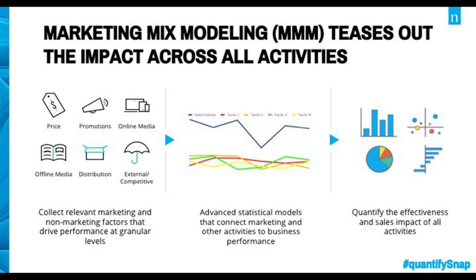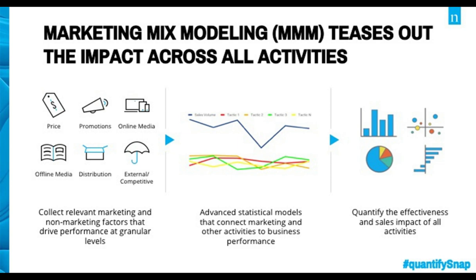That's where marketing mix modeling comes in. This is a methodology that has been around for a while, but it keeps on evolving to account for all these new channels and the new realities of marketers. The way marketing mix modeling works, looking over at the left, is first you have to collect data of all the drivers of your business. This could be pricing, promotions, both online and offline media, accounting for paid, owned, and earned.